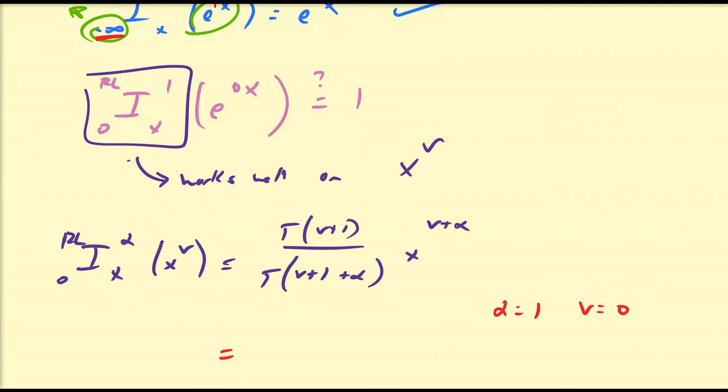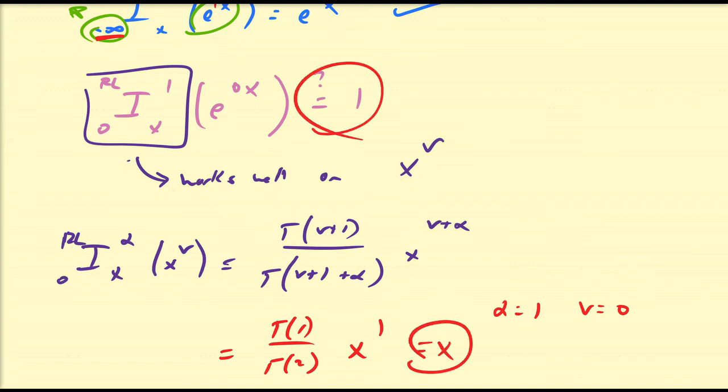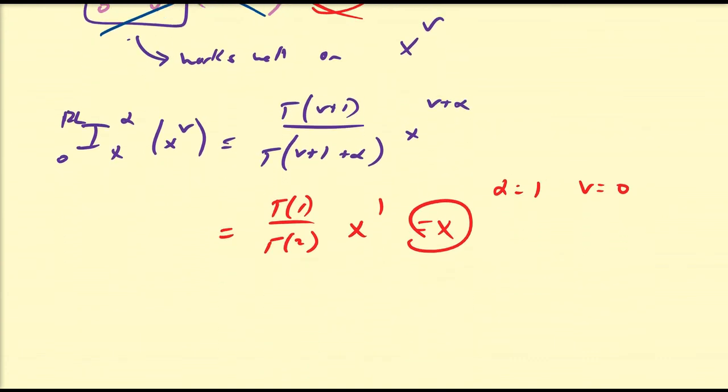So in that case, that's going to give me gamma 1 over gamma 2 times x to the positive 1, which is of course equal to x, right? So clearly that's not equal, so therefore this proposition is false, right? So the reason I bring this up is some people try and jump to patterns a little bit too early in the game. Definitely try not to do so, right?